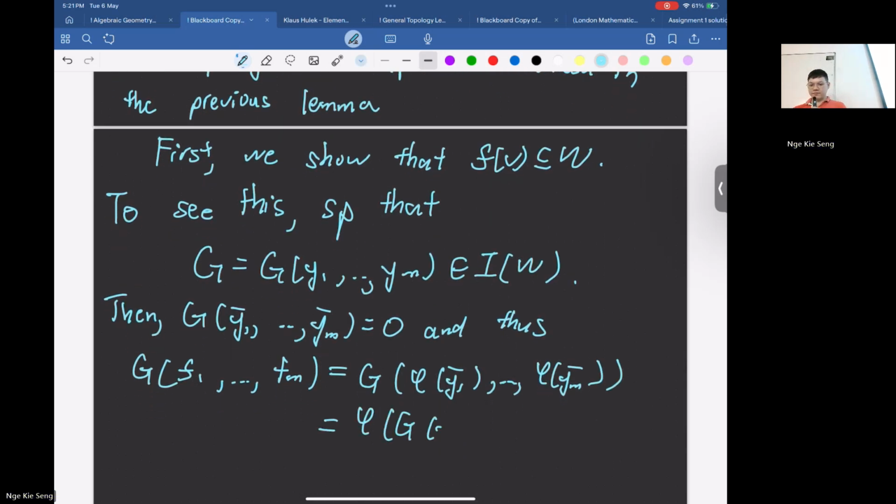Why? Anyone can explain why we can pull the phi out? G is a polynomial. Why can we pull the phi out?